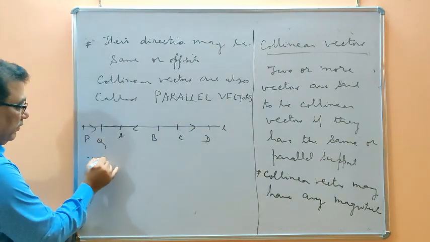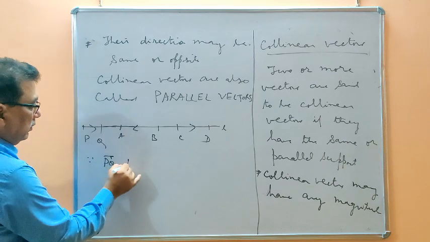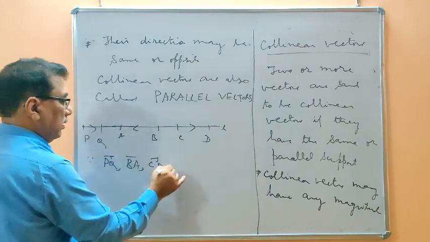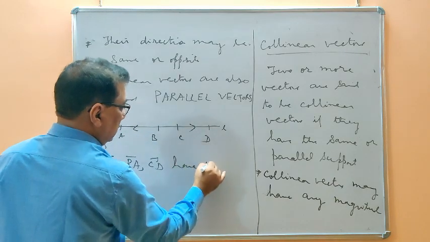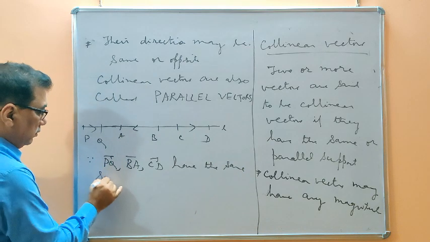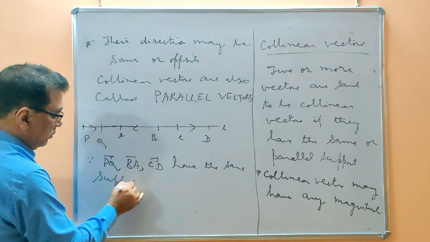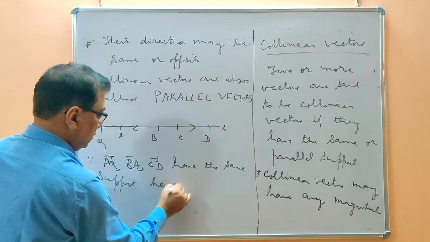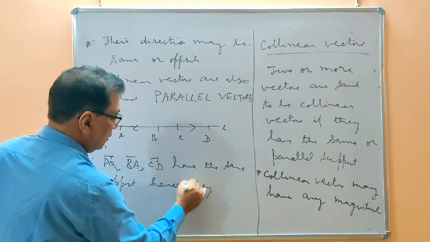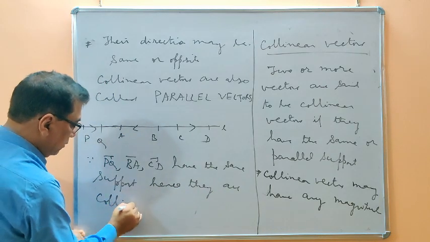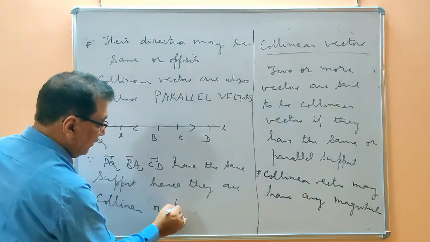Now since PQ, BA, CD have the same support, hence they are collinear or parallel vectors.